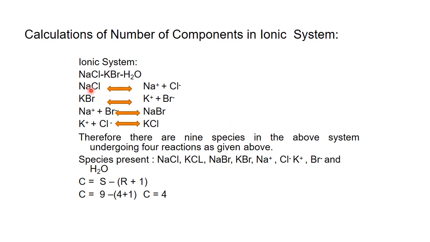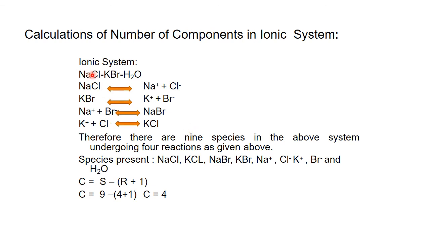So how can we calculate the value of C? C is equal to S minus R plus 1. When the system is an ionic system, the value of C can be determined by this formula. This is the modified formula.